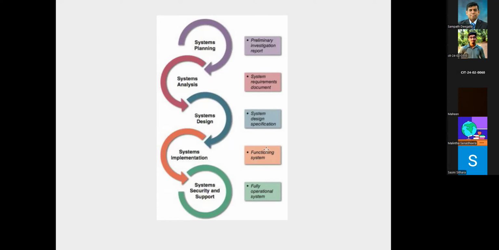Likewise, the next one, which we will discuss today, gives what we call the system requirements document. Then we move on to the third one, system design, and the system design specification is the outcome. Then you implement, and once you implement, you get a functioning system. The next one is systems security and support, and once you finish that phase, we will have the fully operational system.